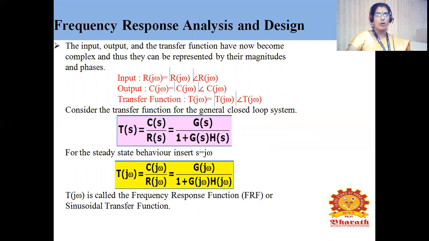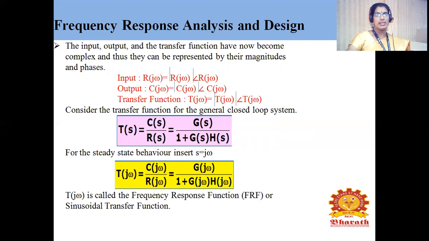Okay, so let us consider the transfer function for a closed loop system. For a closed loop system, the general representation of the transfer function is G of s divided by 1 plus G of s into H of s. This is the general transfer function for a closed loop system. If I want to convert this transfer function into the frequency domain, what is the step we have to follow?